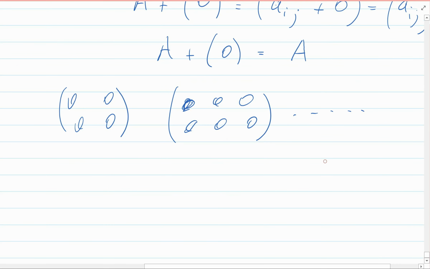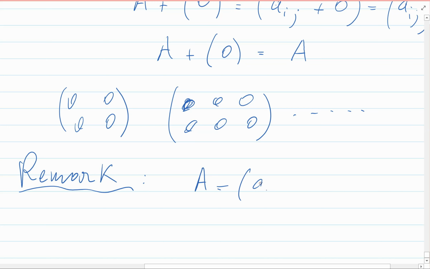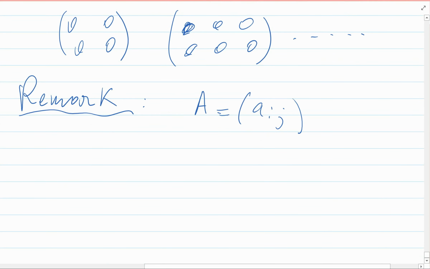So now, remark. Let us look at the case when you have Aij and we want to add A to A. Obviously, we can do that because they have the same size.